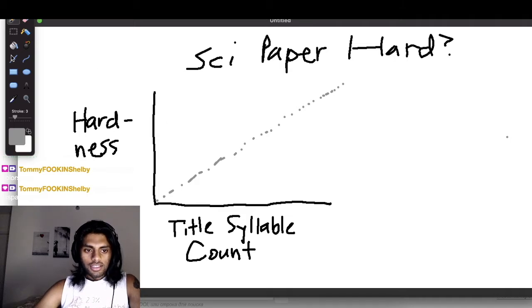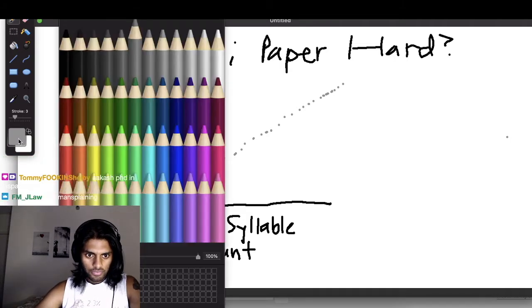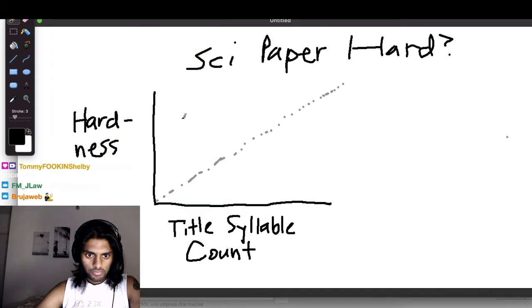The reality of this situation is it's more like this. And keep in mind, we're starting at 0, and we're going to infinity, and we're going to infinity here too.